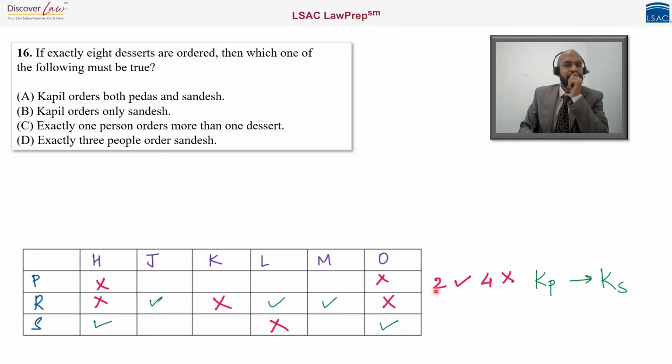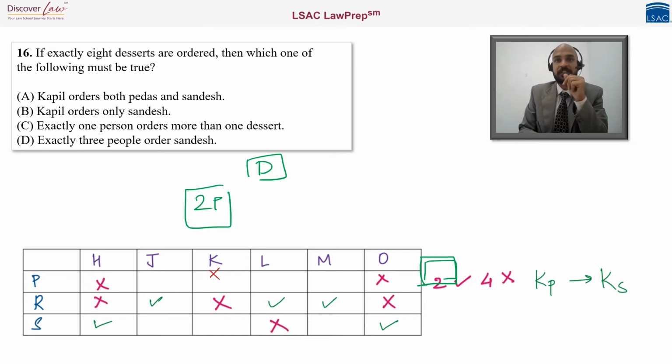What is the number of people that could have eaten P? Is that fixed or is that variable? You see, this is fixed. We know that exactly 2 people have eaten P. So when you're talking about the total number of desserts that have been ordered, you know that for sure 2P is fixed, right? The desserts are basically P, R and S.